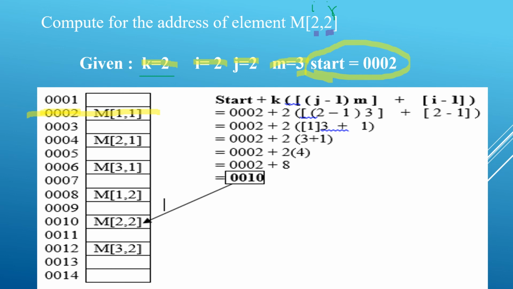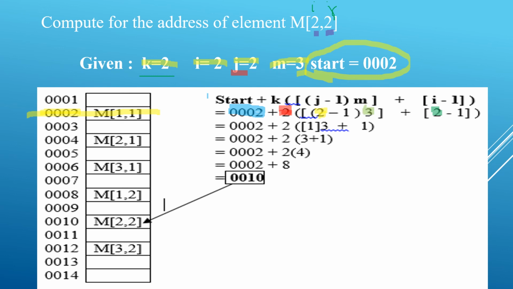Applying the formula, we just substitute. Start is 002, the value of k is 2, the value of j is 2, i is 2, and m is 3.